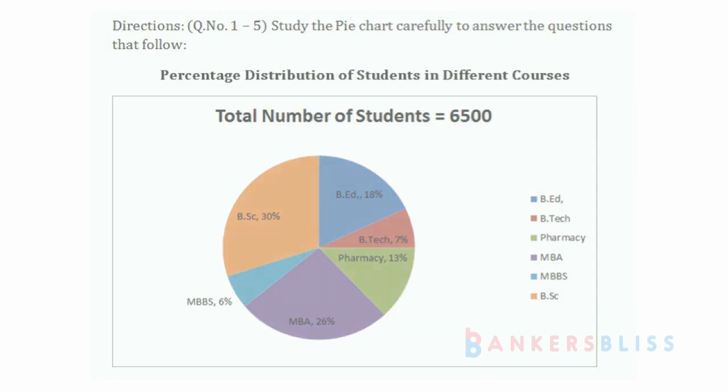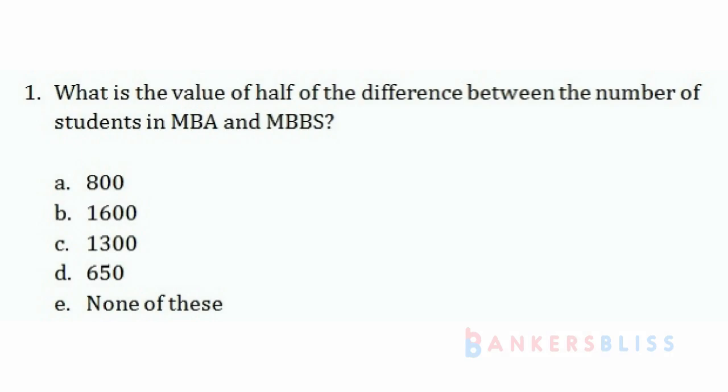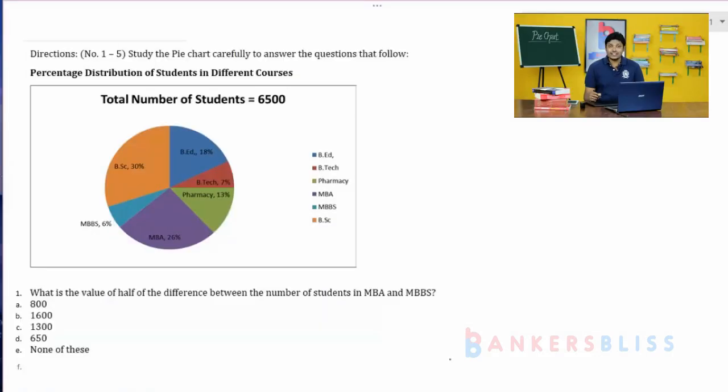Let us go on to the questions. What is the value of half of the difference between the number of students in MBA and MBBS? They are asking us to calculate half of the difference between MBA and MBBS students. In the actual procedure, you have to calculate the MBA students and the MBBS students, take the difference, and then make it half.